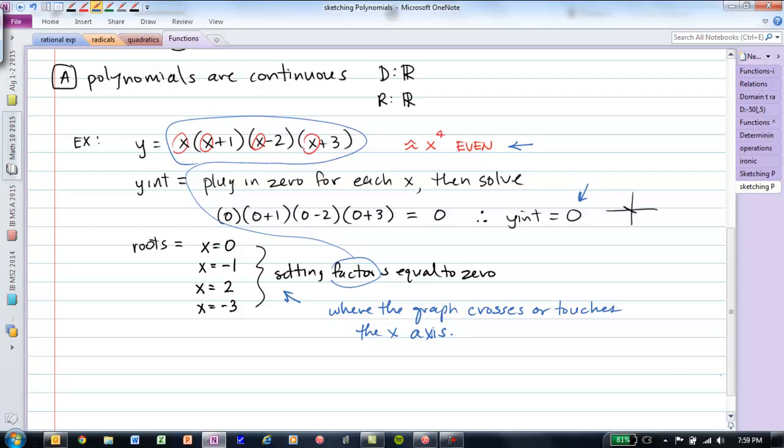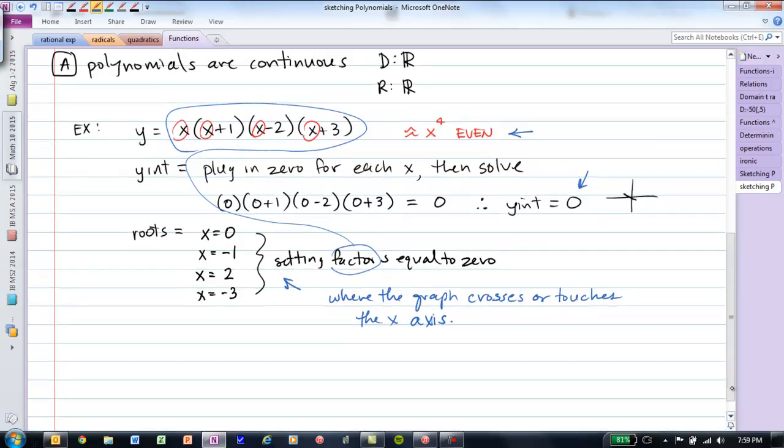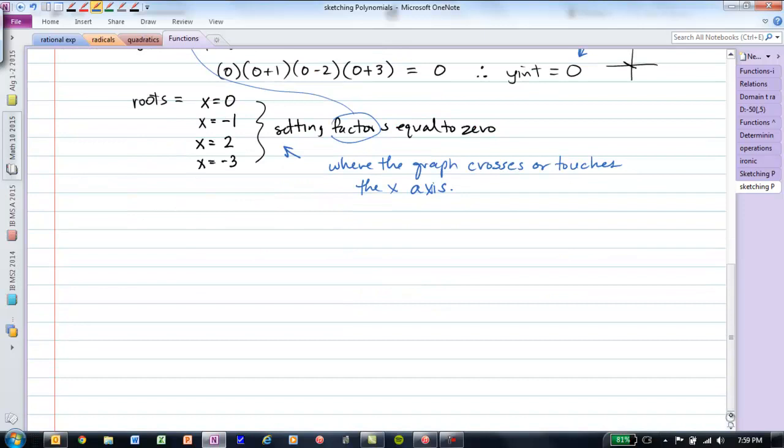Alright, so in order to figure out what our graph is doing around those places where it touches the x-axis, what we're going to do is create a sign graph. So a sign graph is basically a number line, and on our number line we put the roots. And it's best to put them in numeric order just so it makes sense. So we've got -1, 0, oh shoot, I forgot -3.